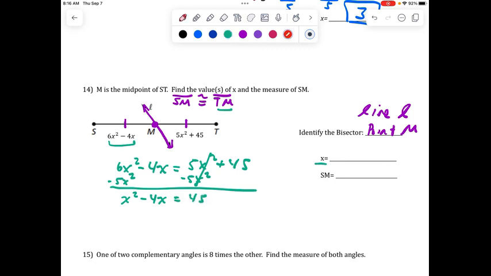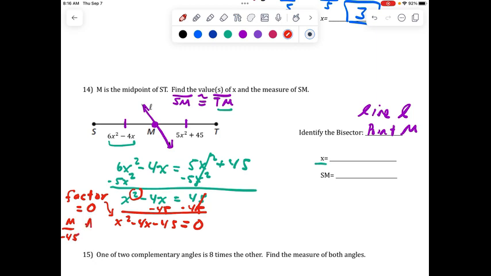As soon as I see something that's squared, that tells me that I should factor, and that should tell me that my equation should equal 0. So I'm going to subtract my 45 over here, and I'm going to get 0 equals x squared minus 4x minus 45. So if I factor this, we're trying to multiply to be negative 45 and add to be negative 4.